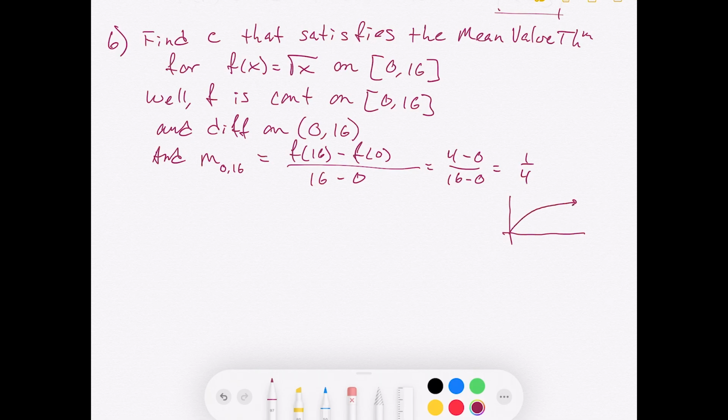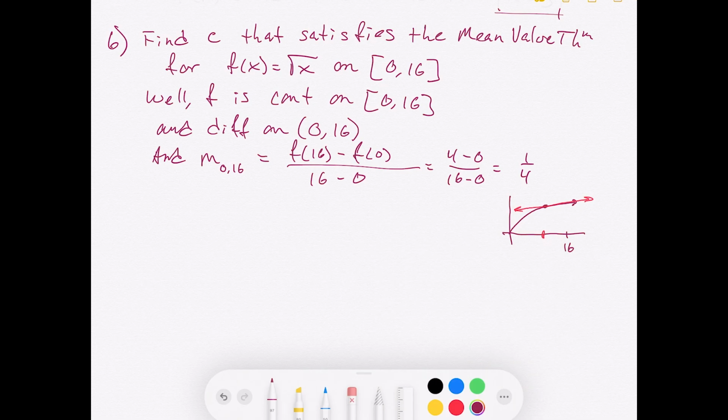So our square root graph looks a little bit like that, and if this is 16, we need a point that has a tangent line with a slope of 1/4. It's almost flat. Maybe an x coordinate like this one, that's freehand, but I don't know. So it looks like it's going to exist. It's possible anyway.